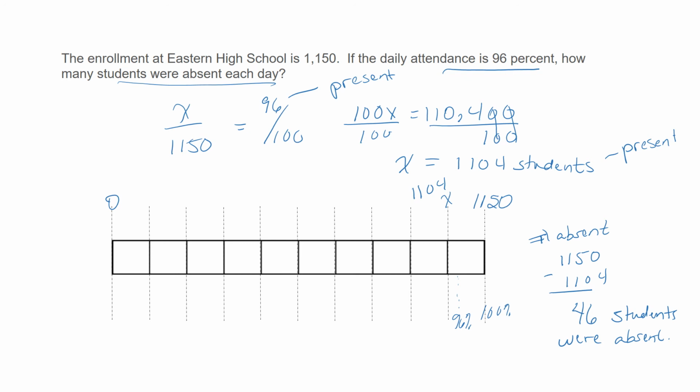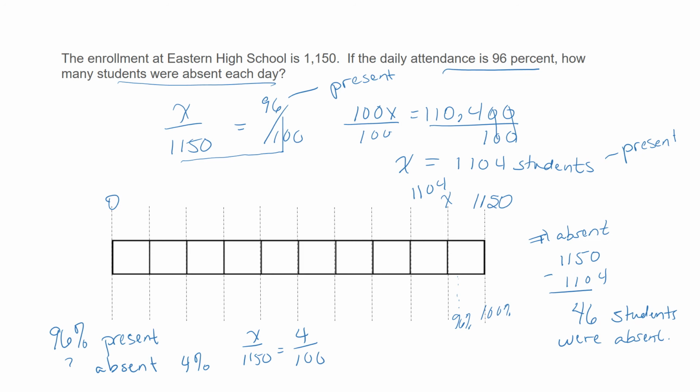Now, if I had set up a proportion for the percent who were absent, if I know 96% are present, how many are absent? Well, that would be 4%, right? So I could set it up as X out of 1150 is the same thing as 4 out of 100.